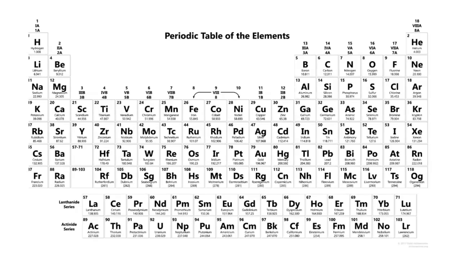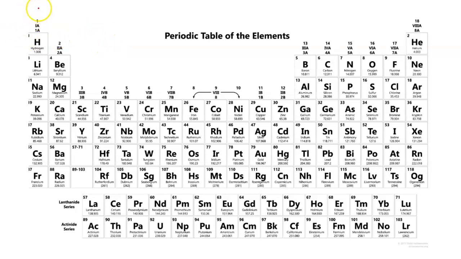We do have guidelines when we're drawing Lewis structures, and our very first guideline is to add up the total number of valence electrons for all the atoms in the molecule. Remember that the number of your valence electrons is going to be your group number on the periodic table for all the main group A elements.